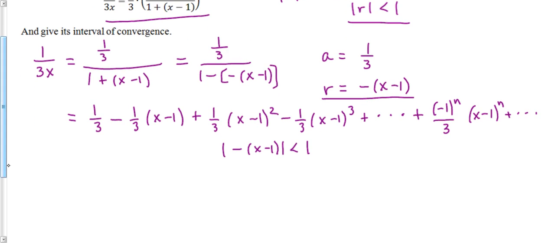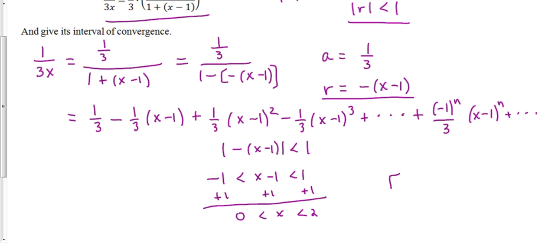So when I use my absolute value signs, that's going to tell me that negative 1 is less than x minus 1 is less than 1. And I want to get that x all by itself, so I'm going to have to add 1 to each side of my inequality, and that's going to give me 0 is less than x is less than 2, so my interval of convergence is going to be 0, comma 2.